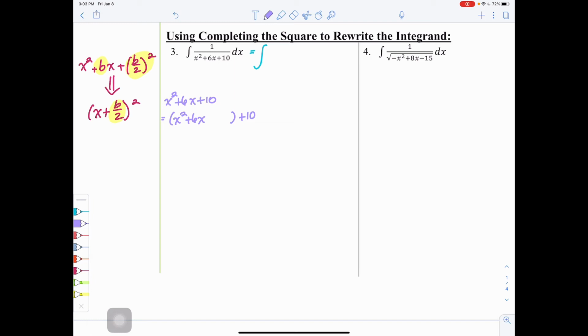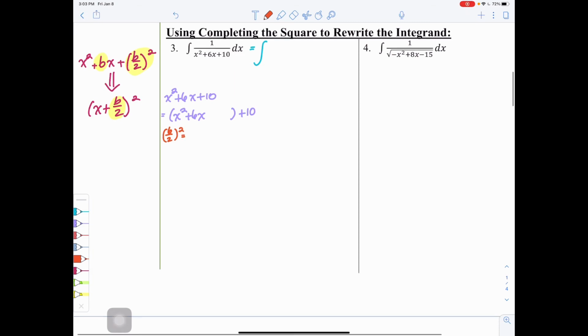So I'm going to take half of b, which is 3, and then I'm going to square it. So here we have, I'll write it in a different color, 6 over 2 all squared. Okay, so that's equal to 3 squared, or 9. So I'm going to add 9, and I'm going to subtract 9. That way I've not changed the problem.